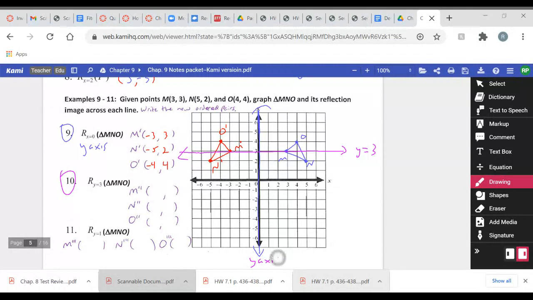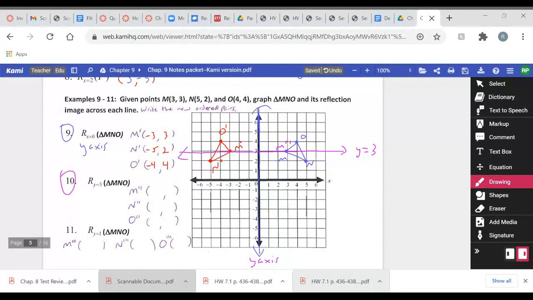Now we have a y-axis down here. Okay, so if I go back to this original blue figure and I reflect that blue figure about the purple line, the y equals 3 line of reflection, then M is already on the line of reflection, so it's just going to stay there, but I am going to label that point M double prime.